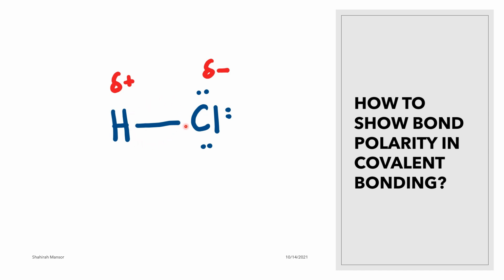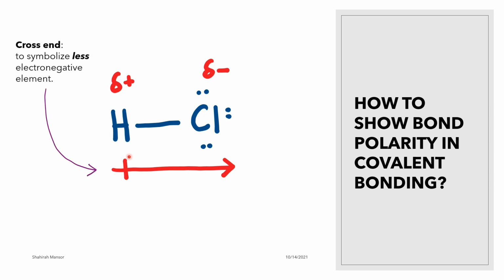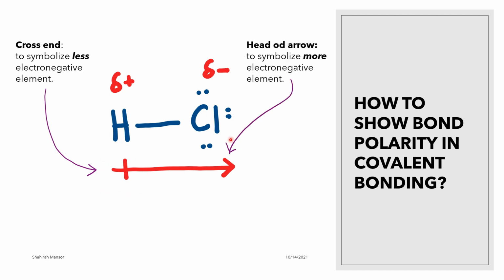So to show the polarity of the bonding, okay, dalam bentuk lukisan, maka kita boleh gunakan this kind of arrow, and this arrow is called dipole arrow, di mana the cross end here showing less electronegative atom, and the head end over here showing most electronegative atom.